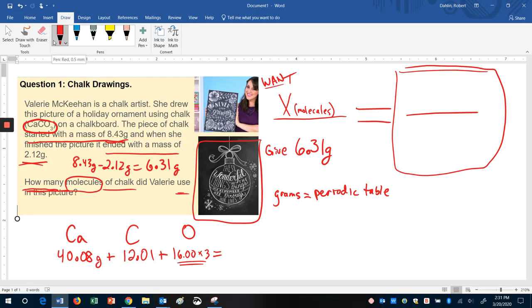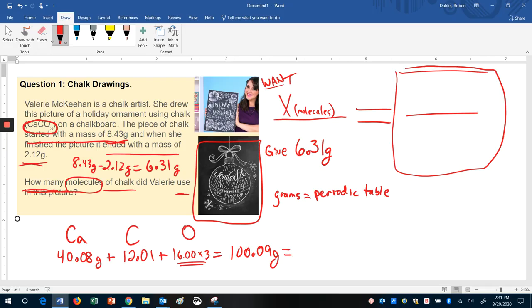So 16 times 3 plus 12.01 plus 40.08, and I get 100.09. Now this is grams, but that's how many grams is in 1 mole.